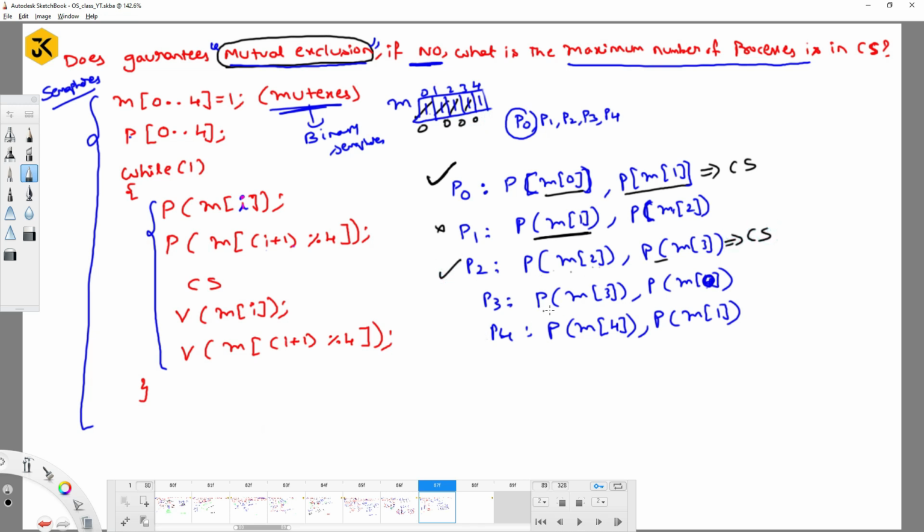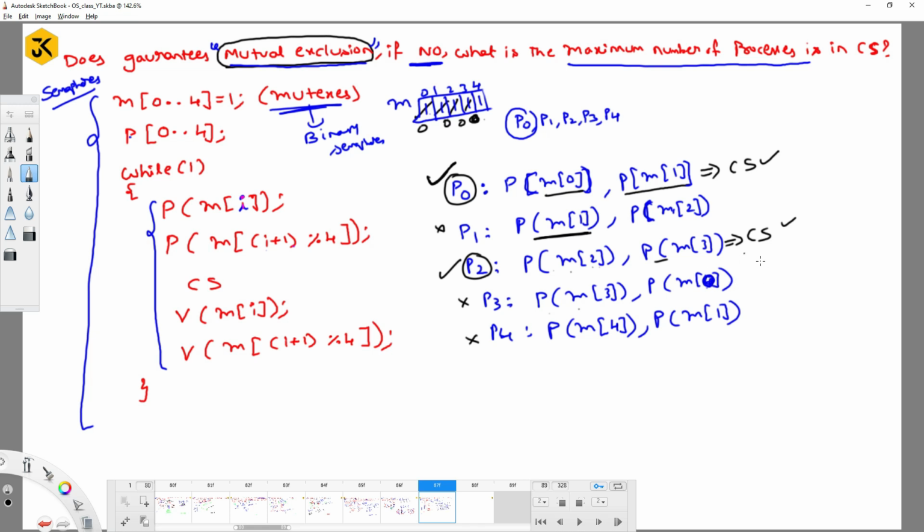Then if P3 gets a chance, P of m of 3 means 0 decremented by 1, so it won't be allowed. Next P4, P of m of 4 will be 0, and what about P of m of 1? It won't be allowed, so it also won't be allowed into the critical section. If you execute in this order, two processes P0 and P2 entered the critical section.